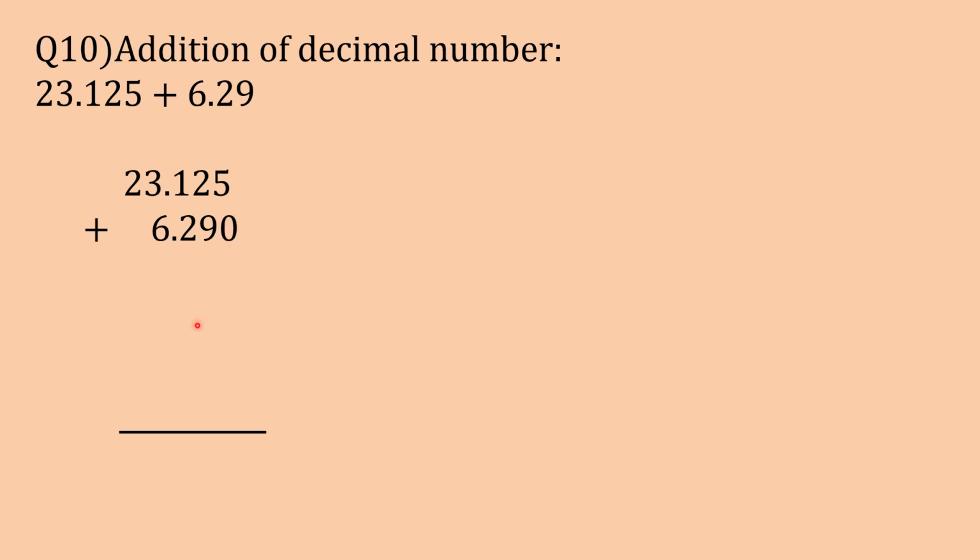Okay, now we'll add. In addition, students, you start from the right side, that is, after the decimal point you add first, at the end. So 5 plus 0, you will get 5. You'll write down 5. Then 9 plus 2, students, is 11.